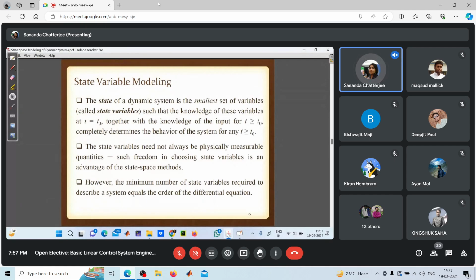So what is the basic idea of this state variable model? While we are considering a dynamical system, as we have repeatedly discussed in the last two or three classes, the output of the system is not only dependent on the input at that instant, it also depends on the past inputs.